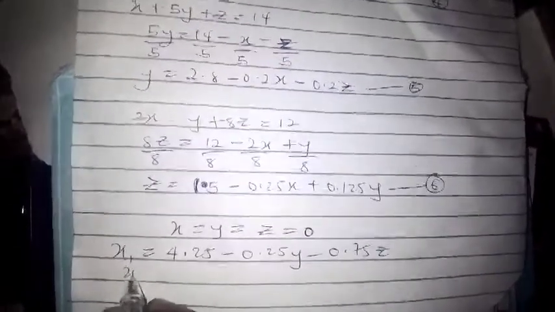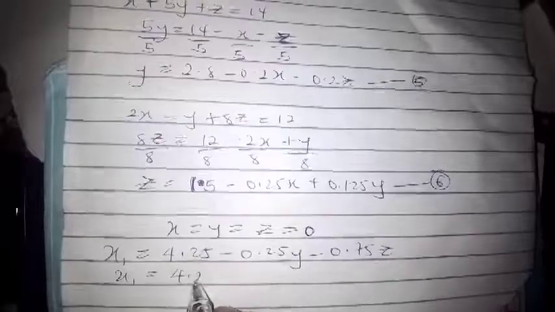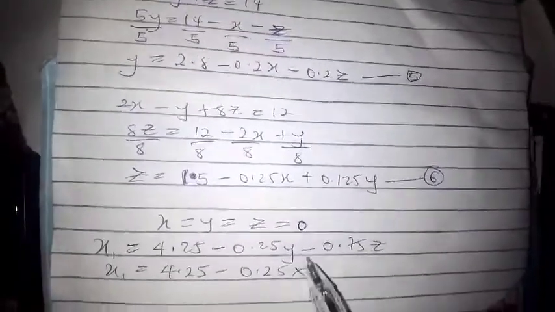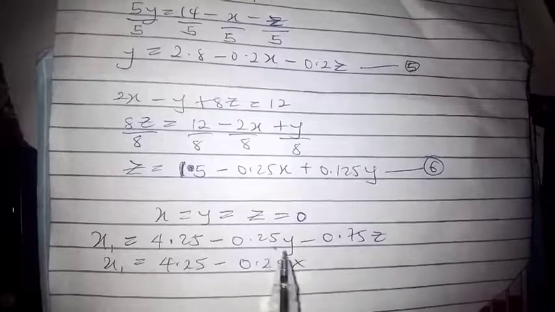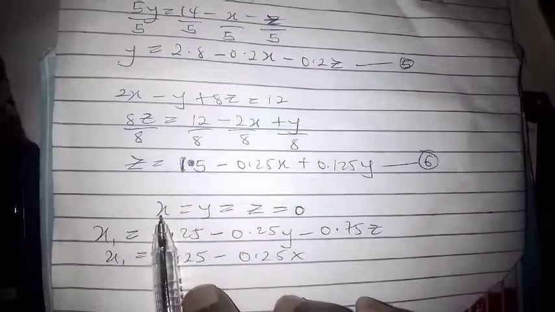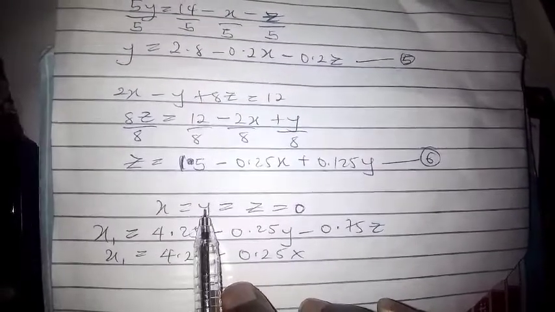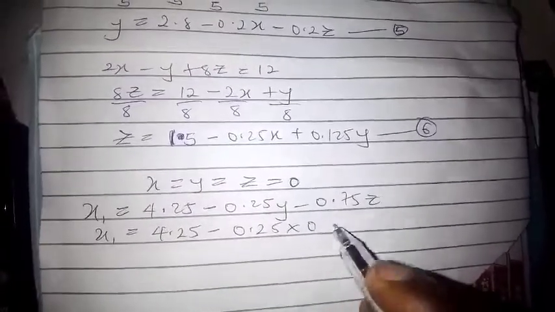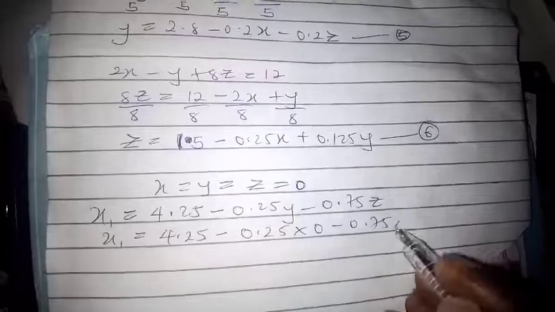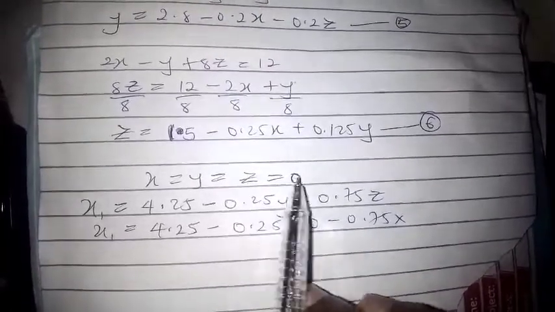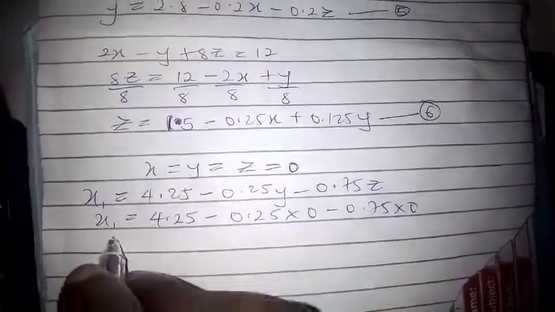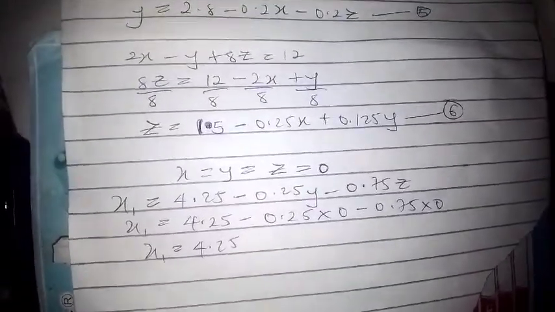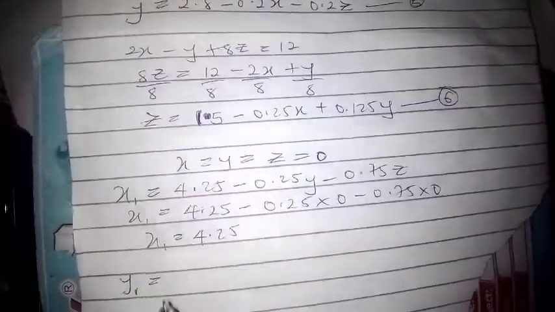Now let's substitute the values. x1 will be 4.25 minus 0.25 times the initial value of y, which is 0, minus 0.75 times z, which is also 0. So therefore my x1 will be 4.25.